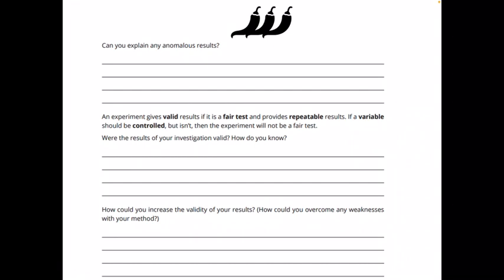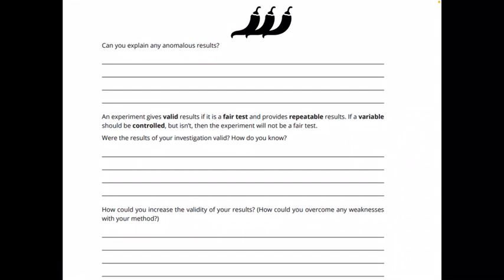Can you remember what anomalous means? Now anomalous comes from the word anomaly, and that means something that doesn't fit the pattern. So sometimes we might get a rogue result in there, one result that really doesn't fit, and some people like to ignore them and then redo it. But actually, most of the time, scientists collect all data.